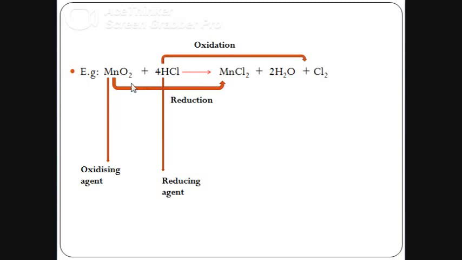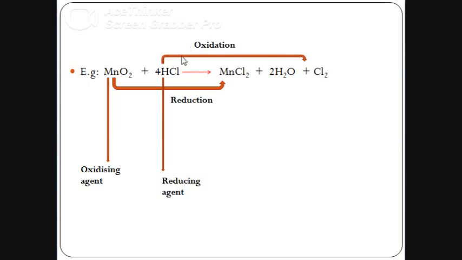Here in manganese dioxide, oxygen has been removed, so reduction of manganese causes oxidation of hydrochloric acid, which also involves removal of hydrogen. So here the oxidizing agent is manganese dioxide, or where the reduction has occurred, and the reducing agent is the one which gets oxidized itself by causing reduction of others.